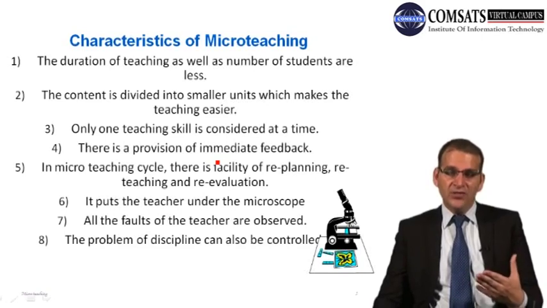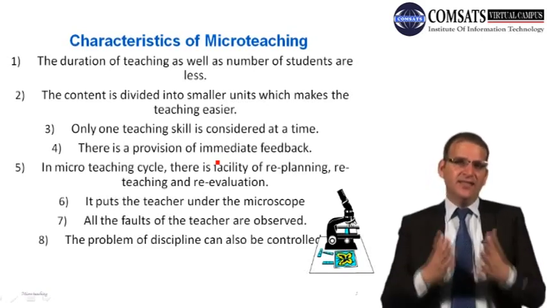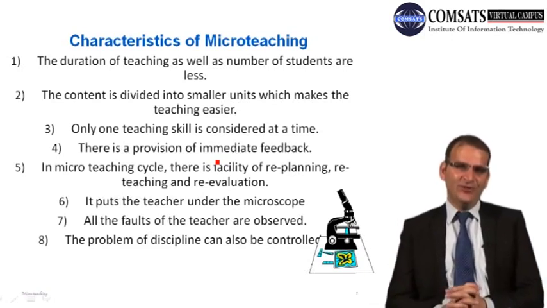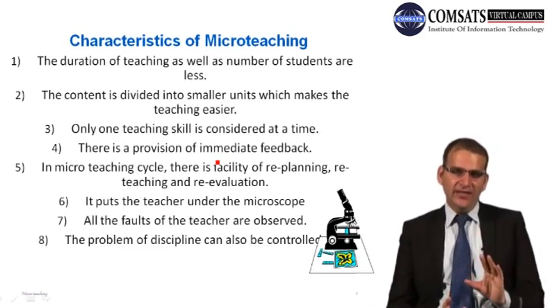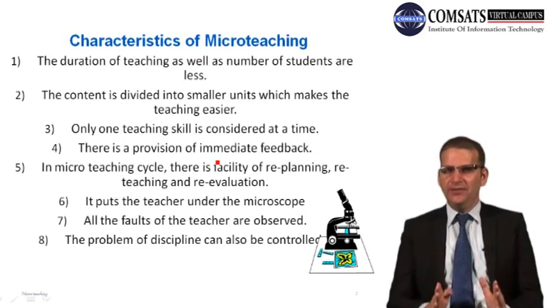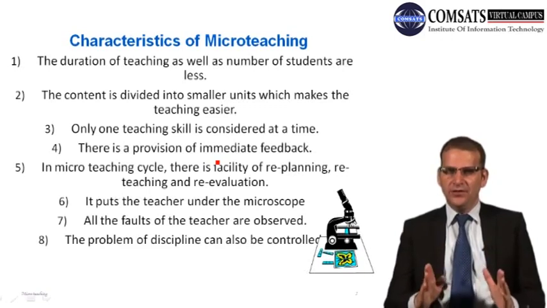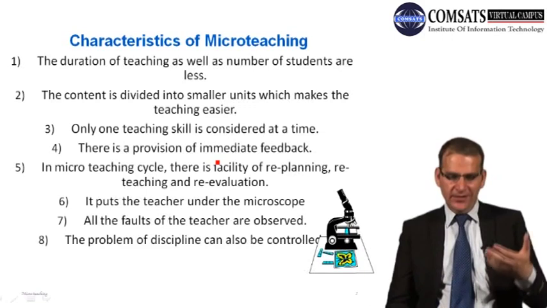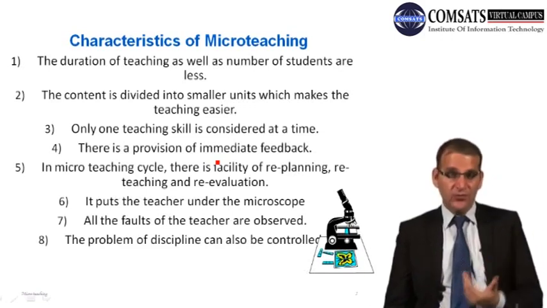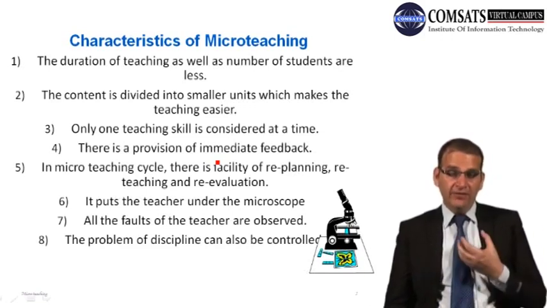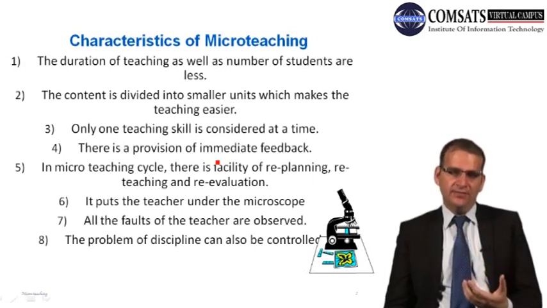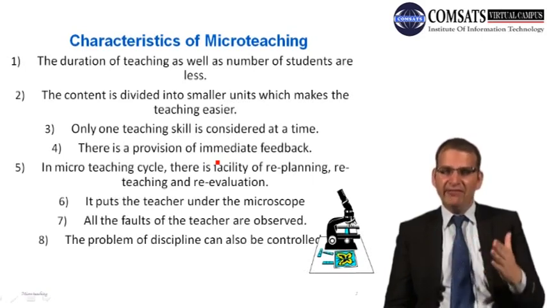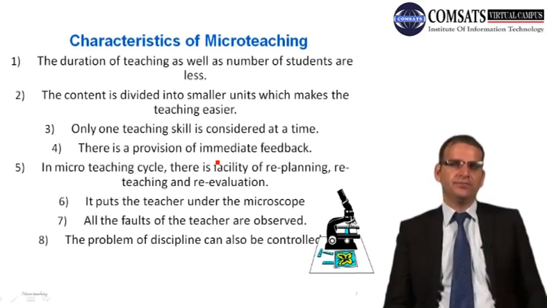How does he start the lesson? Everything is evaluated. Every movement of a teacher is observed. That's why the teacher is under the microscope. And if the evaluator is honest, he evaluates each and every act of the teacher-student.